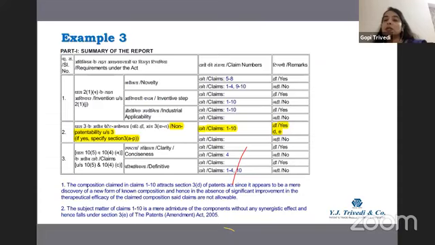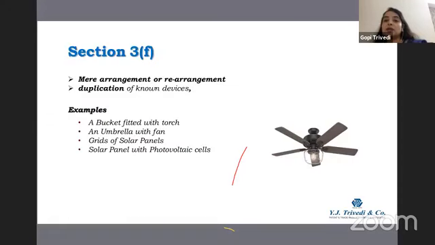So we get such objections when we try to do so. This is also interesting. Any arrangement or rearrangement or duplication of known devices shall not be granted patent. When two or more different devices can work individually, and if you try to club them and claim a patent for the same, it shall not amount to a patented article.